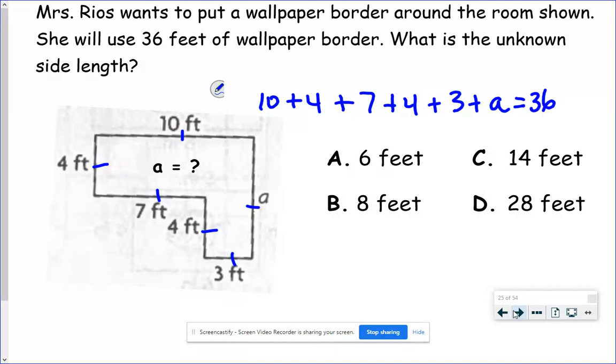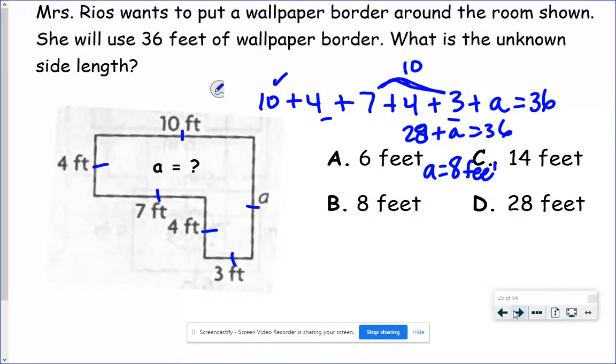So 7 and 3 make a 10, and this 10, that's 20. Did I do that right? Oh, I added 3 when I should have not. I thought something didn't work right. 10, 20, 28. So 28 plus what is 36? That would be 8. 8 feet. So the correct answer is B.